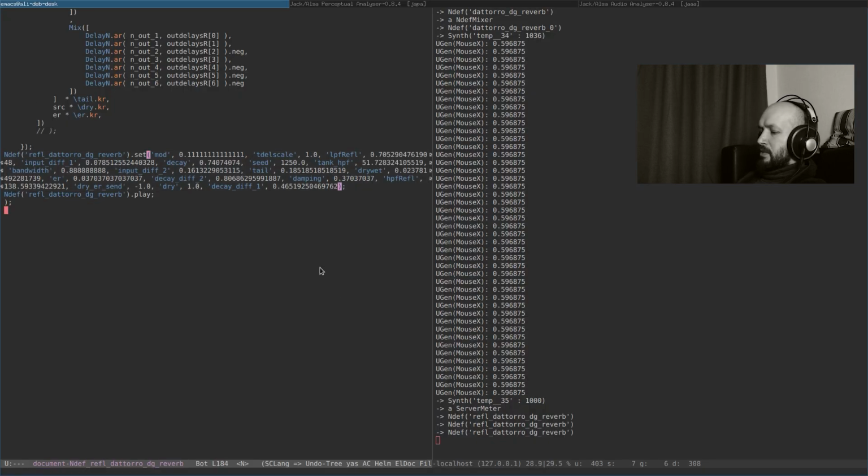Very convenient if you prototype something and you want to keep some presets. Every line like this can be considered as a preset.